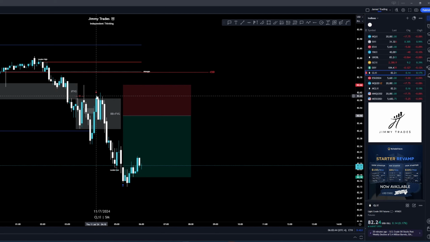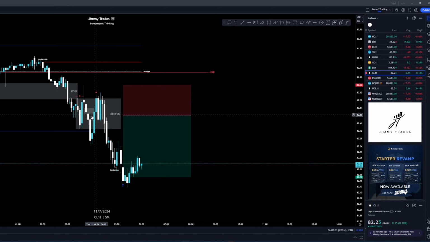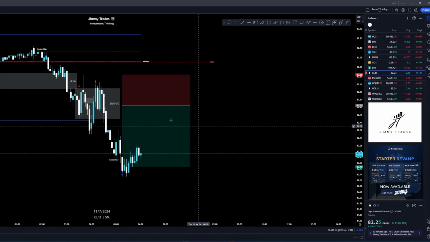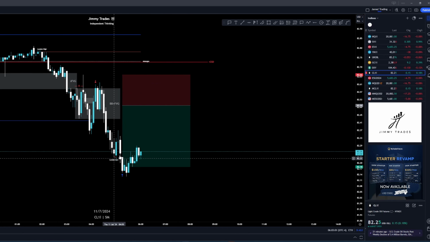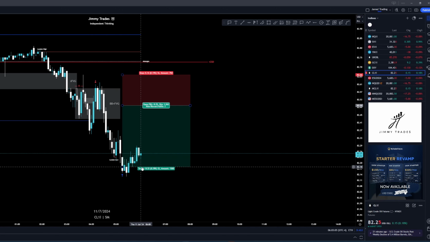This higher high to this lower high, again, all confirming a move lower. Price moved lower and eventually hit my TP, which was down here.